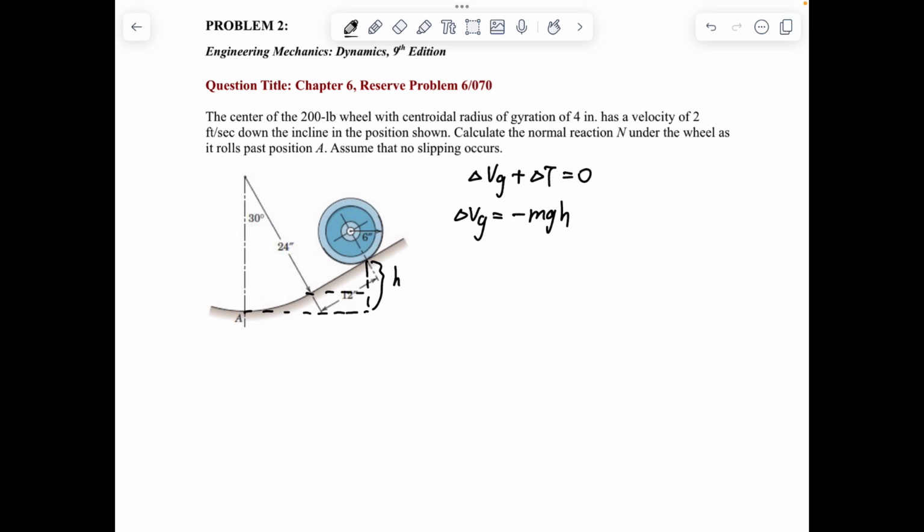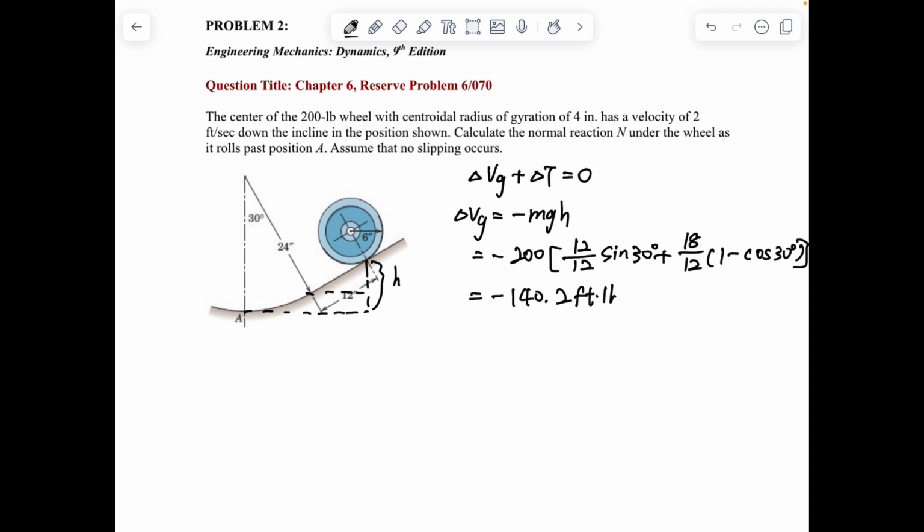So delta Vg is equal to negative 200 times (12 over 12 sine 30 degrees plus 18 over 12 times (1 minus cosine 30 degrees)). This is equal to negative 140.2 foot-pounds.